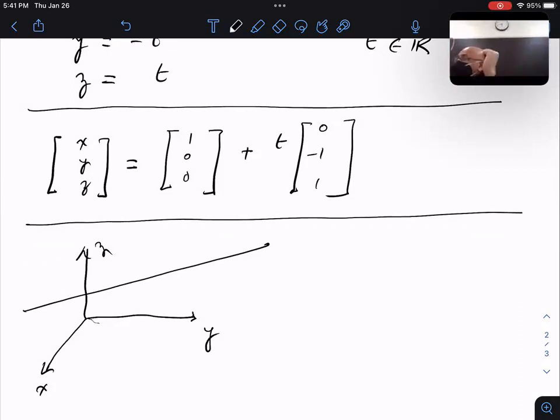So the primordial idea of a one-dimensional flat space is the real numbers. The primordial idea of a two-dimensional flat space is R2, which is the plane. The primordial idea of an n-dimensional flat space is Rn. So if the solution is a one-dimensional flat space, we want to see how it sits inside R3.